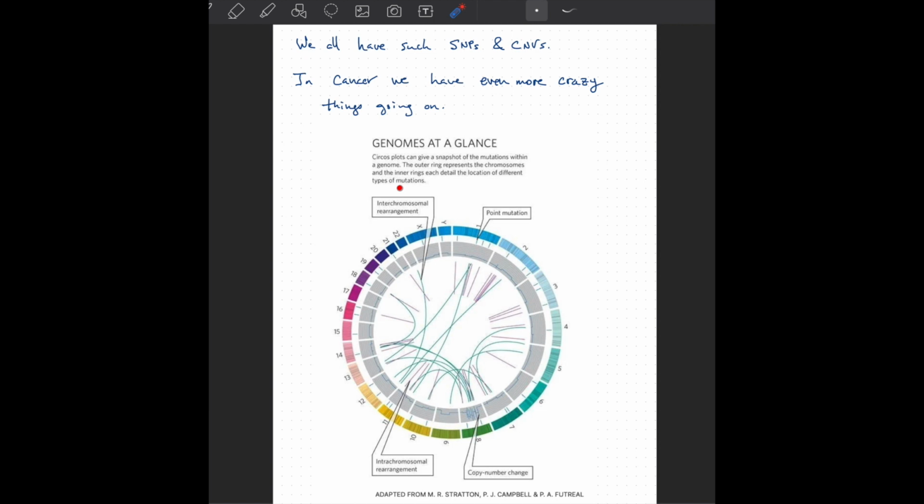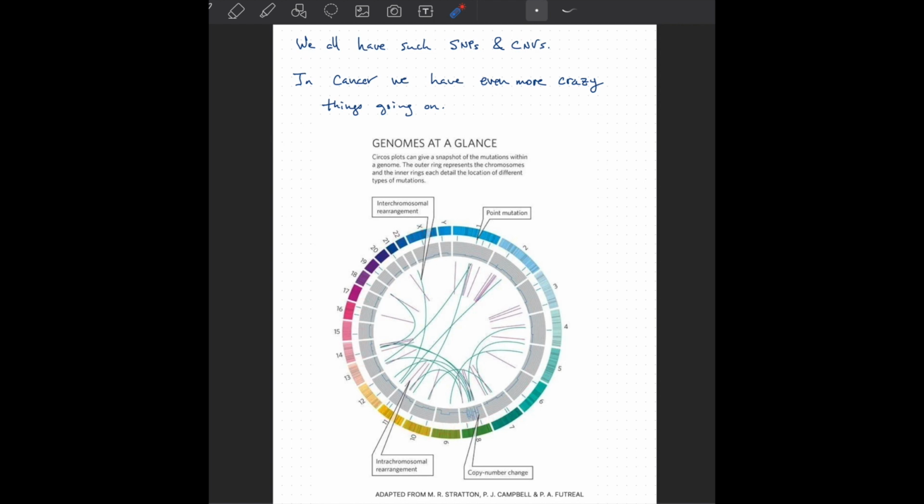There's an elevated number of point mutations, an elevated number of insertions and deletions, of gene duplication, of gene loss of heterozygosity, and all sorts of chromosomal changes that are basically representative of chromosomal instability. So we have copy number change, which we just talked about, CNVs, but we also have interchromosomal rearrangement. This is a so-called Circos plot, and the chromosomes are arrayed in a circle, not surprisingly.